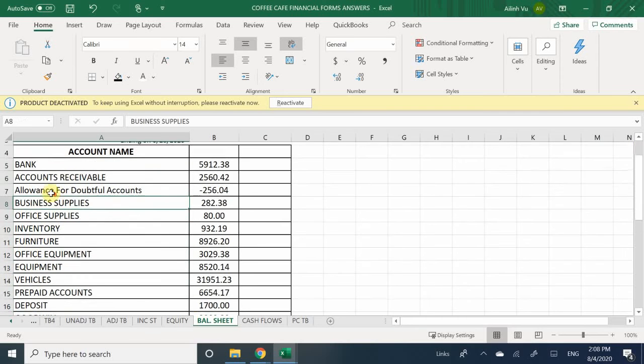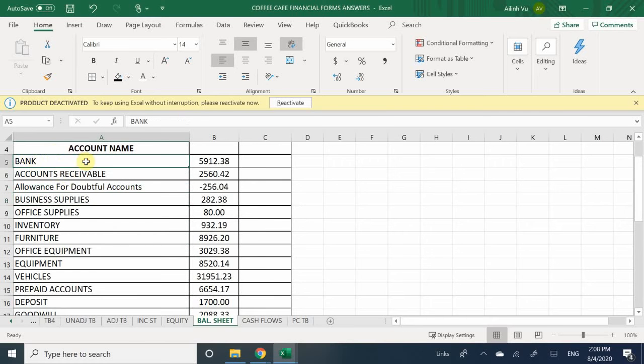So here I have bank, I have my accounts receivable, allowance for doubtful accounts. Okay, so it's a tricky one, but I went ahead and inserted it in here. I was going to say you'll understand why later, but there is no later.